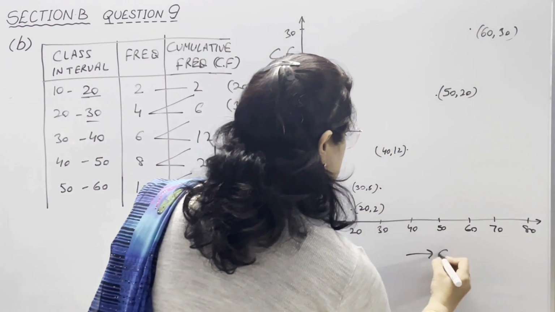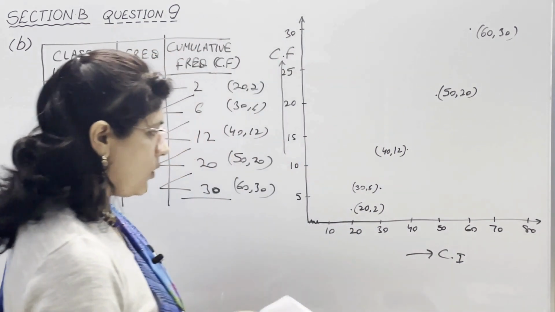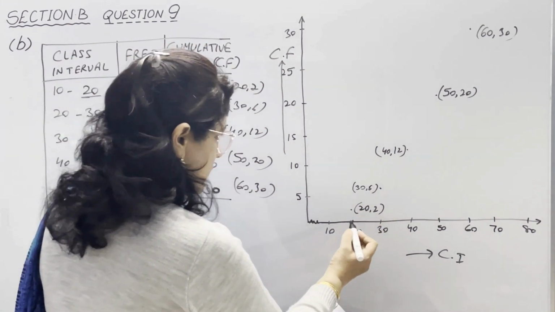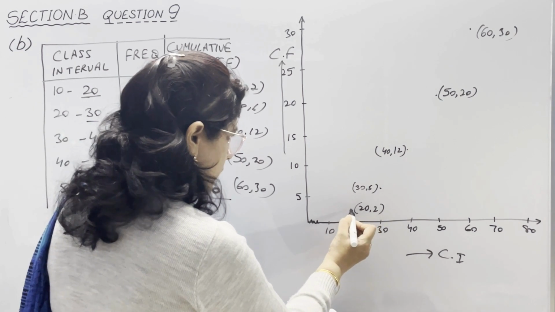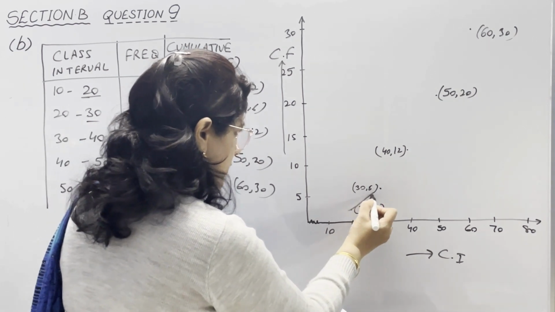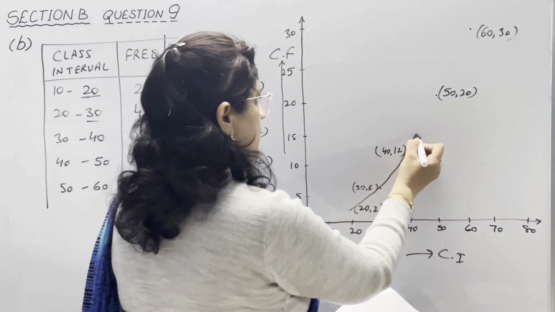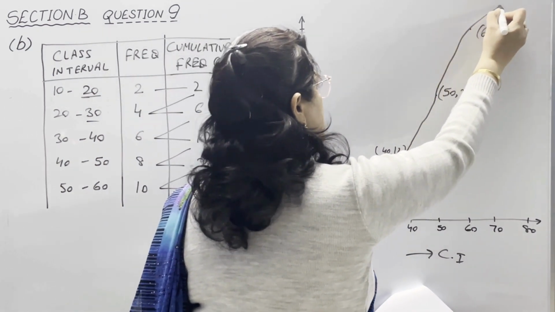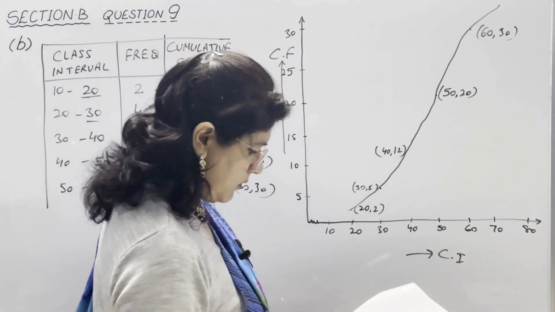So after plotting these points, we will get the graph like this. So we start from this, now 50-20 and then 60-30. So this is our ogive.